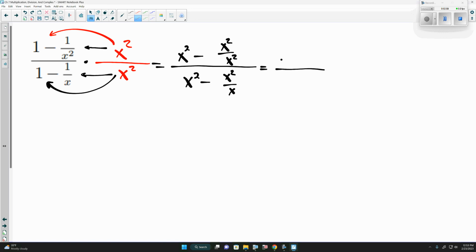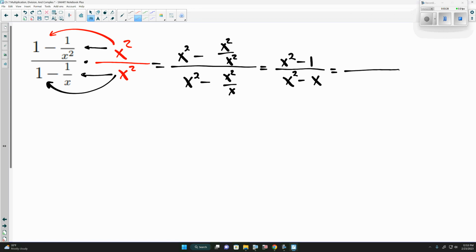Now we do have some stuff that simplifies in the numerator. The x squared over x squared would simplify to 1. In the denominator we'd have x squared minus, well, x squared over x would simplify to just x. Now we need to make sure the numerator and denominator don't factor in any way, shape, or form.